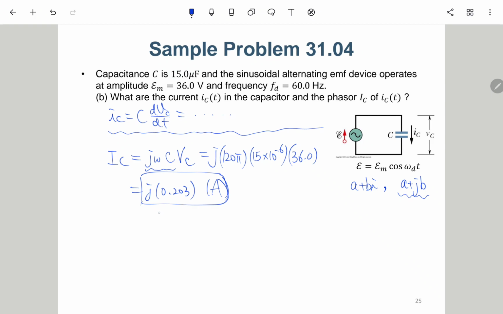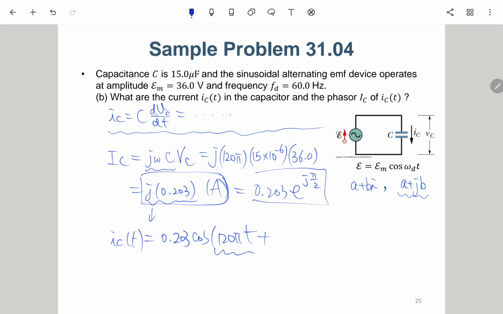Here we can write IC of t as 0.203 cosine of 120 pi t, so the frequency doesn't change. And this j times something can also be written as 0.203 exponential to j pi over 2.